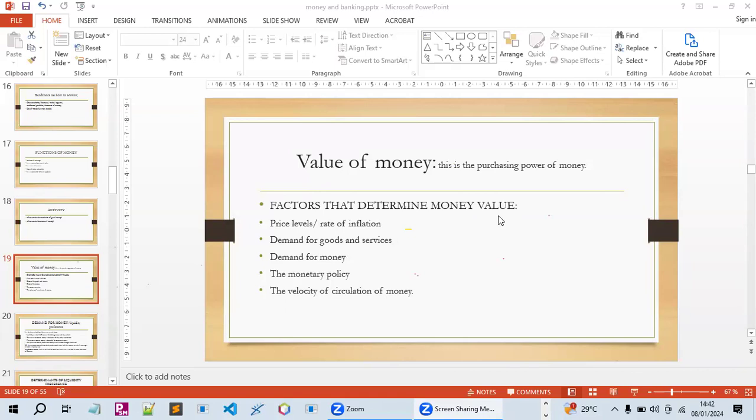So another subtopic in money and banking is value of money. Value of money refers to the amount of goods and services a unit of money can buy, or we could just say the purchasing power of money.